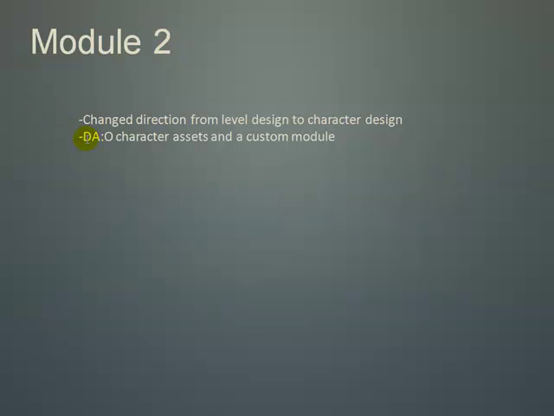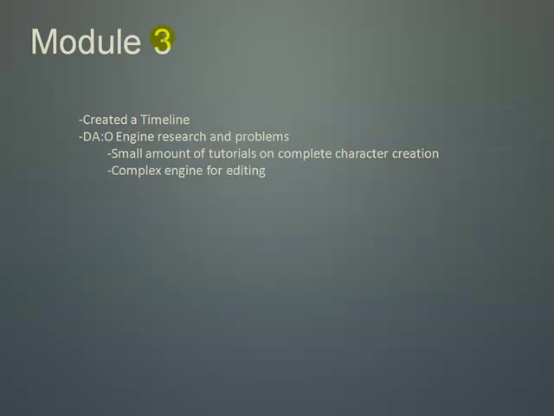So I decided to work in Dragon Age Origins and create some character assets in a custom module. During module 3, I created a timeline, which if I had the knowledge of everything, would have worked, I think, pretty easily. I began researching the Dragon Age editor a little bit more, and I experienced quite a few problems.